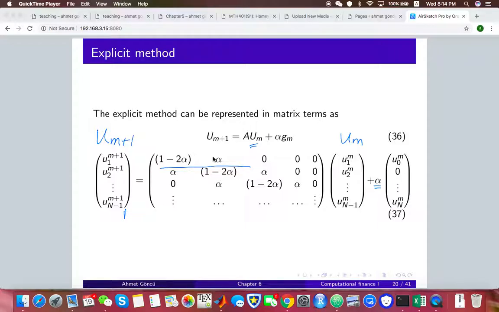The size of this vector is basically capital N minus 1 times 1. And similarly, the previous time step is the same as well. And this is just representing this system of equations in a more compact way. And you can notice that this is our term g of m, which simply represents the left and right boundaries, and all the other terms here are basically 0.